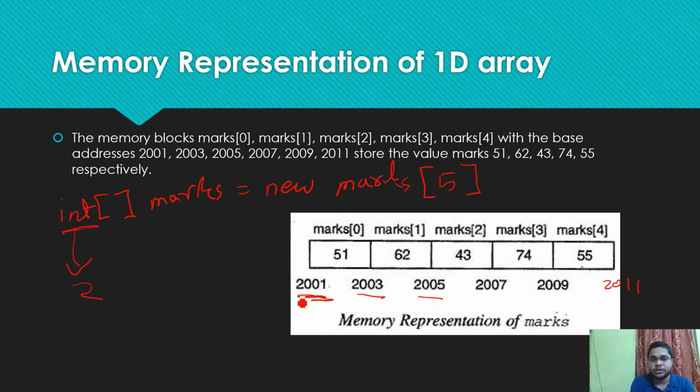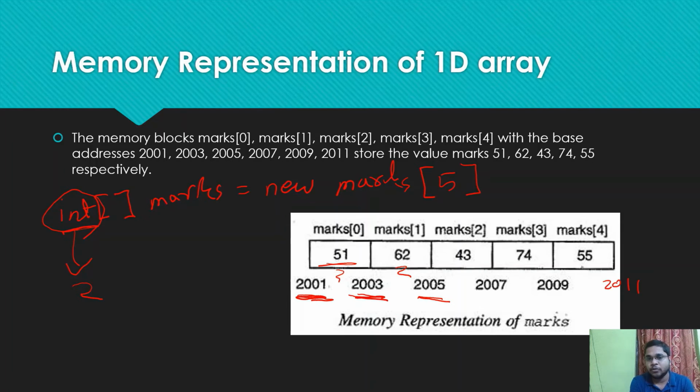If the memory position starts at 2001, then the first size is 2, so 2001 plus 2 equals 2003. This is my second memory address. This size is also 2, so 2003 plus 2 equals 2005. In this way we can represent the memory addresses of your array. Clear? This all depends on the size of whatever your type is.